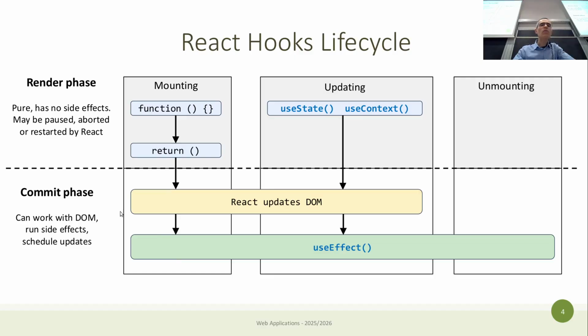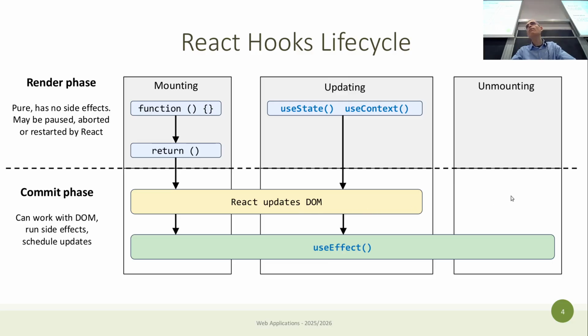In this commit phase, of course, React does what I already told you in the first lecture about React. So it computes the new virtual DOM, the difference with the old, and the differences are used to update the actual DOM in batch. So React updates the actual DOM in the browser. Of course, this happens at mount time of the component and at updating time of the component.